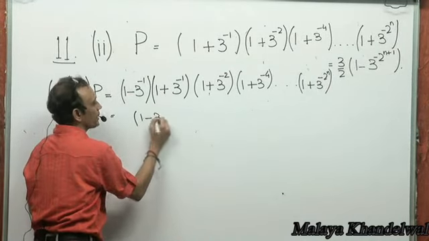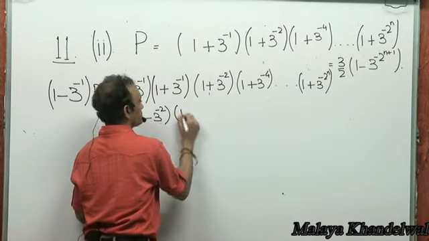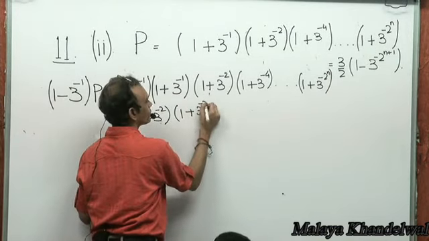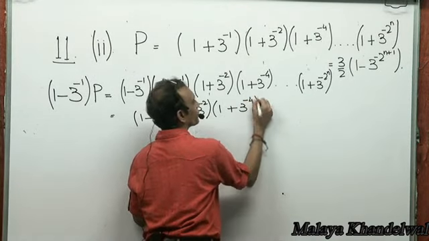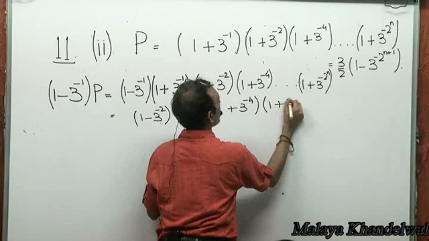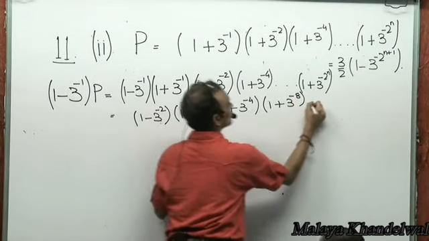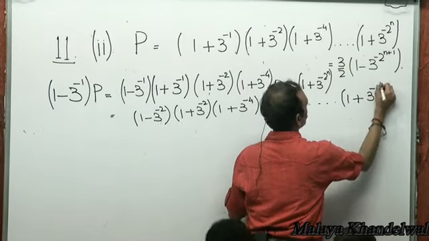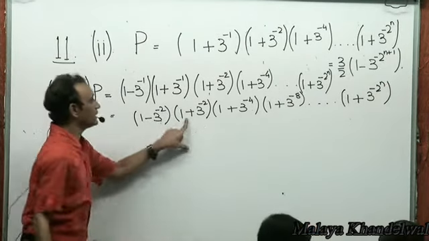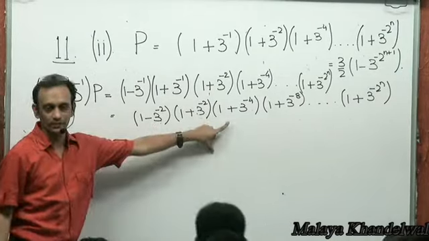So (1 − 3^−2) into (1 + 3^−2), (1 + 3^−4), (1 + 3^−8), up to (1 + 3^(−2^n)). Right? And again, a plus b into a minus b, a squared minus b squared.